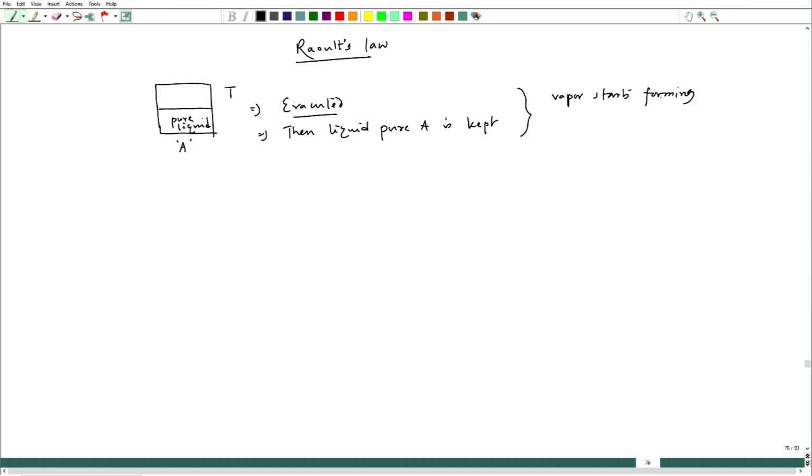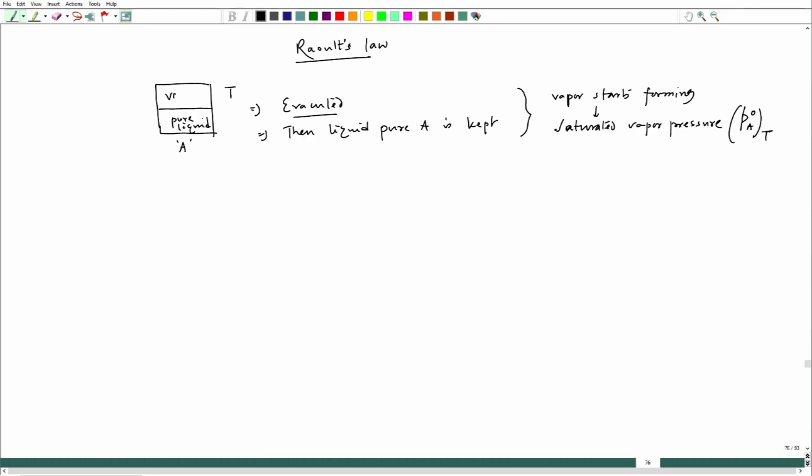And that vapor formation will stop when we reach equilibrium vapor pressure, which is basically the saturated vapor pressure, P naught A, specific to the temperature where we have kept that system.